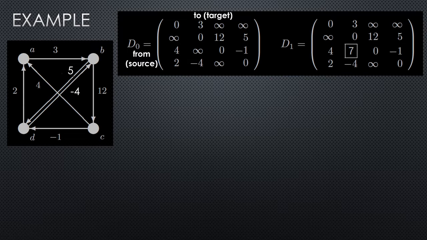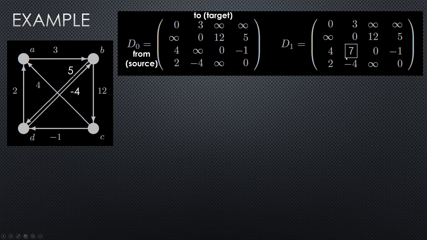If we look at this matrix, where the rows are the source and the columns are the target, then this boxed entry is from C to B. In the previous matrix, there was no path from C to B. It was just infinity because there's no direct edge from C to B. But now that I allow A specifically to be used as an interior node on a path, there's a new shortest path from C to B. It's the shortest path from C to A, followed by the shortest path from A to B. So this is 4 plus 3, which is distance 7.